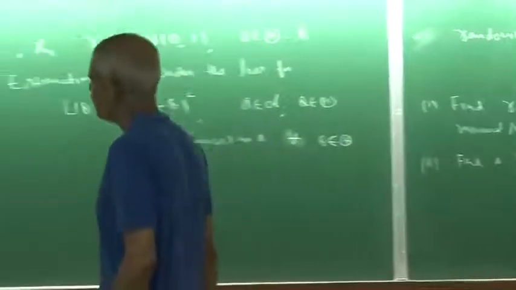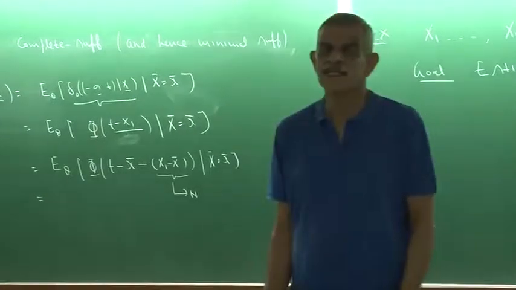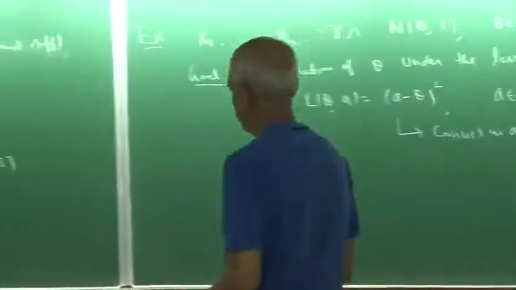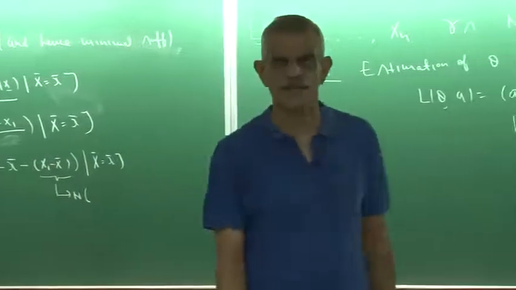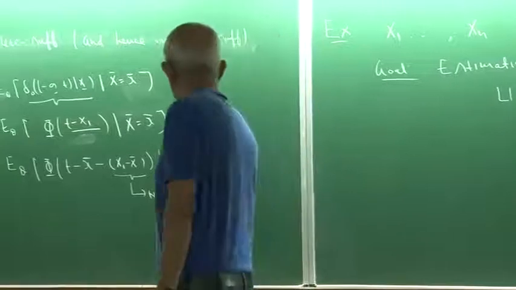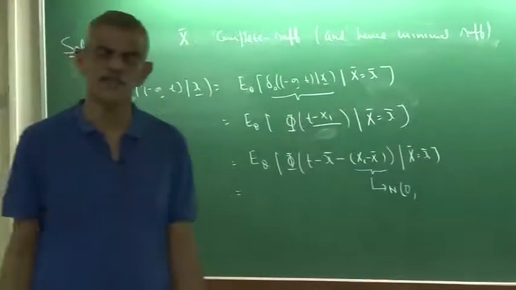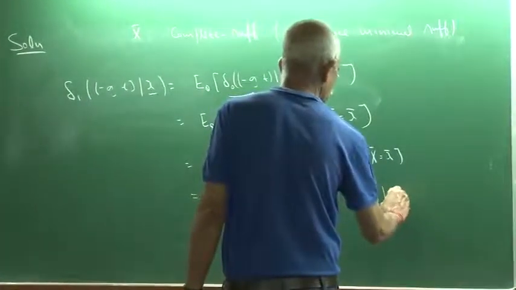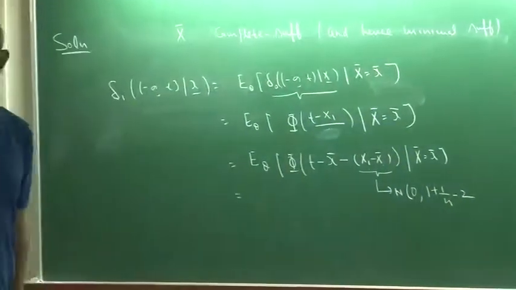So it is a linear combination of independent normal variables, and you know that a linear combination of independent normal variables is again normal, with mean equal to the mean of x1 minus x bar. The mean of x1 minus x bar is 0 because the mean of x1 is theta and the mean of x bar is also theta. Variance of x1 minus x bar is the variance of x1, which is 1, plus variance of x bar, 1 by n, minus 2 times the covariance between x1 and x bar.